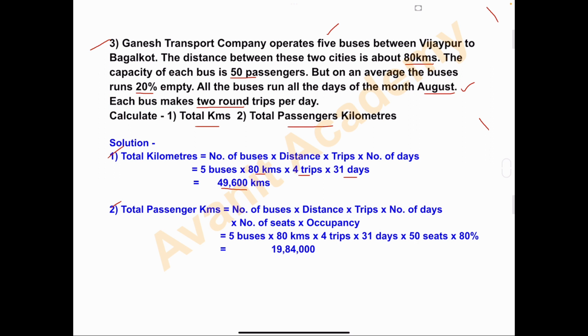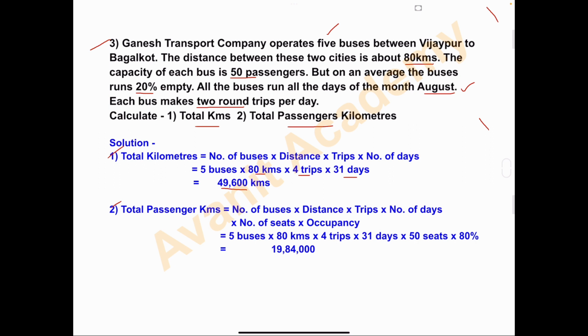So in total kilometers, we just take number of buses, distance, trips and number of days. In total passenger kilometers, we have to take number of buses, distance, trips, number of days, number of seats and occupancy. Number of buses, 5 buses. Distance is 80 kilometers. Trips, 4 trips. Number of days is 31 days.